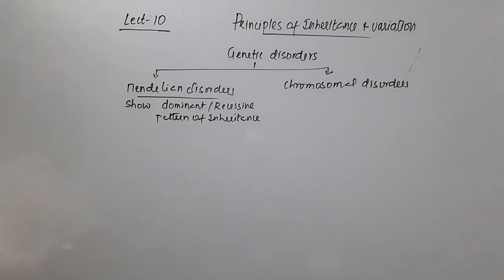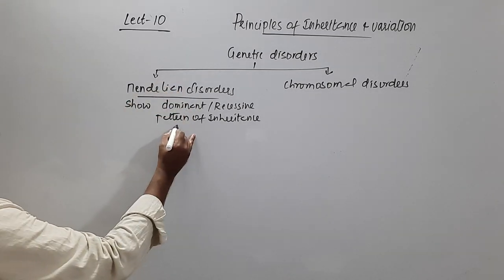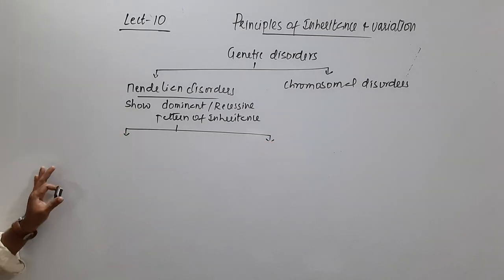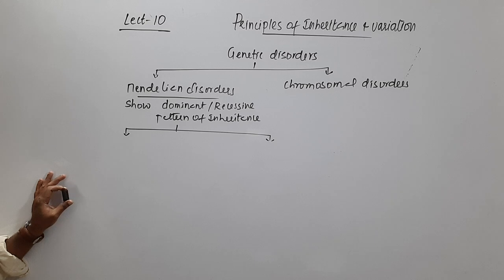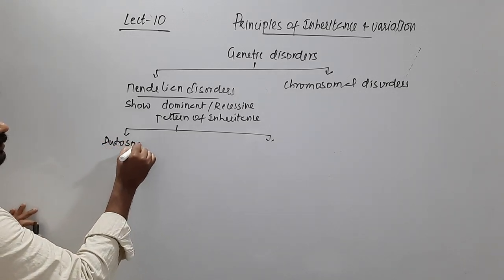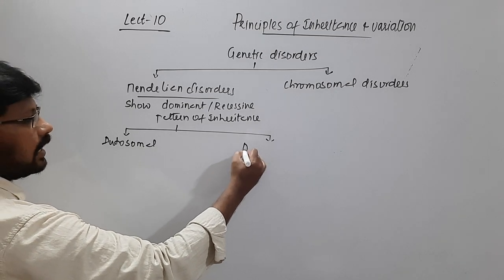Now these Mendelian disorders I'm going to classify again into two types, basing on whether they are autosomal linked or allosomal linked. So autosomal disorders and allosomal.